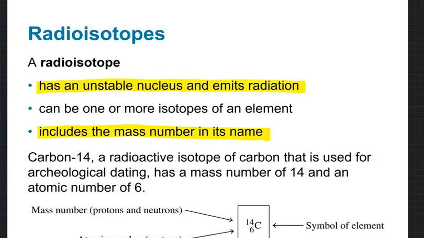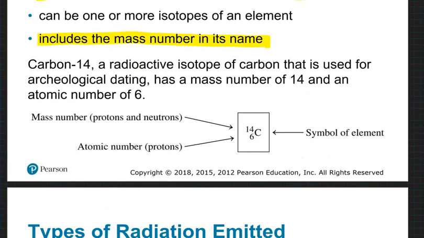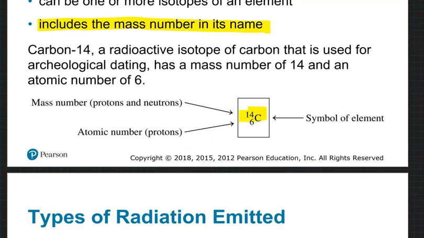So here's a really good example, okay? So carbon-14. If I tell you that the reaction between carbon and oxygen, I don't specify which carbon it is. But if I talk about radioactivity, I always must mention which atomic mass we're talking about, okay? So carbon-14.